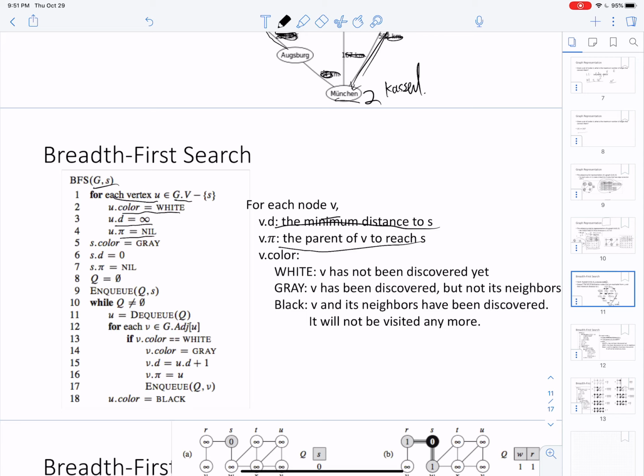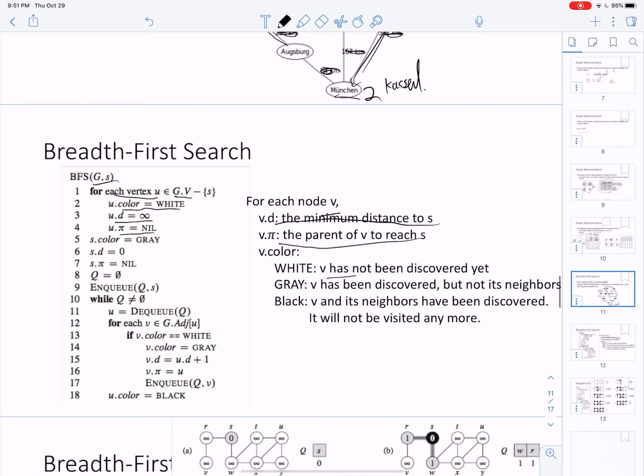Each node can have one of the following three colors. The first possible color is white. We associate a node with white to denote that this node has not been visited before.